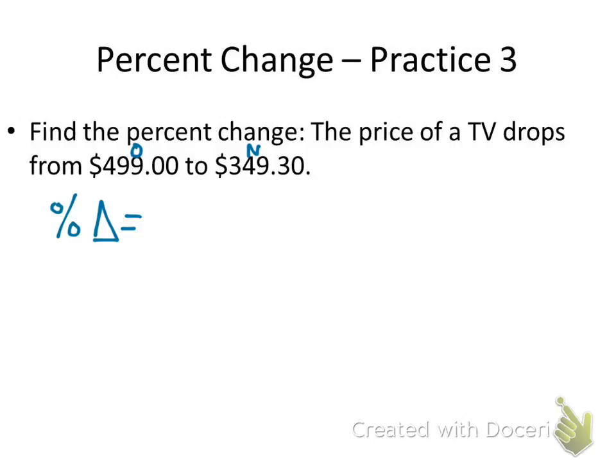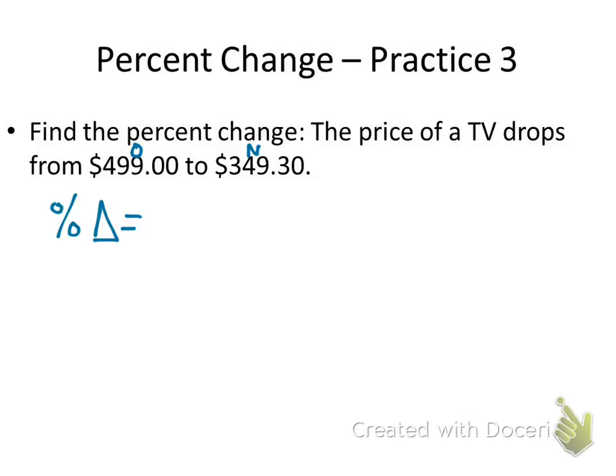So my formula is what, Nico? You don't have to tell me the numbers. Just read me the formula at the top of your note sheet. Change: new minus old, old goes at the bottom, and then 100. So it means new minus old divided by old times 100%.